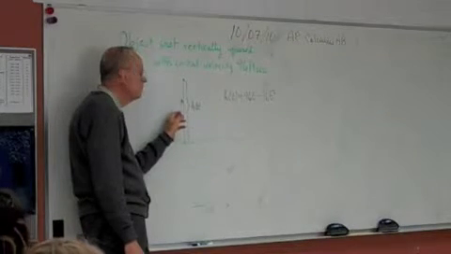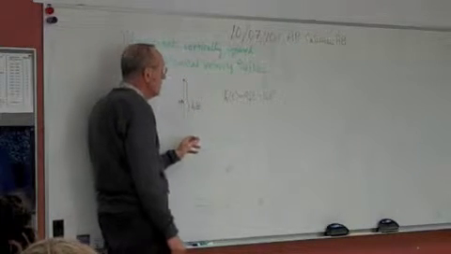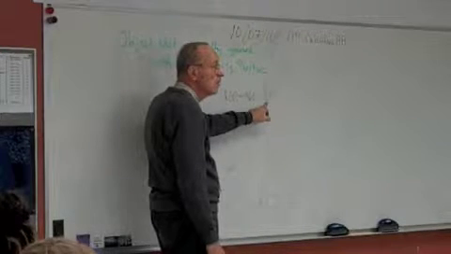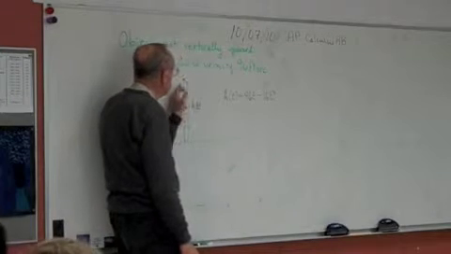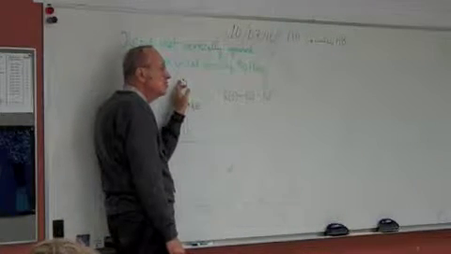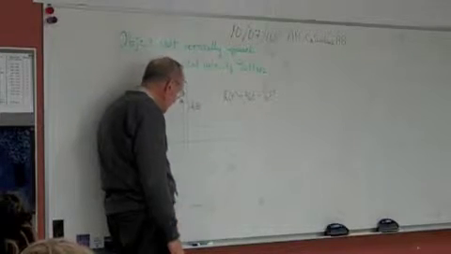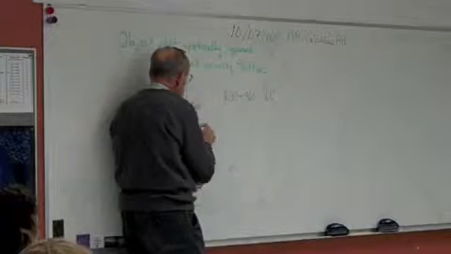Now, as it moves upward, does it speed up or slow down? It slows down due to the influence of gravity. That's this minus 16 t squared. Eventually, it rises to its highest point and then begins a downward descent, right?